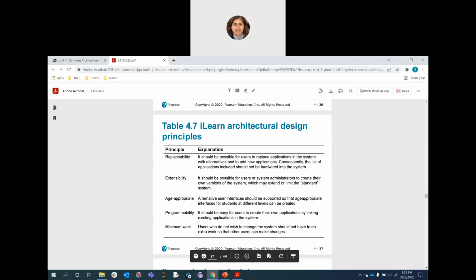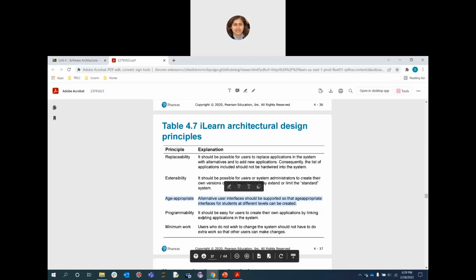And then, because the potential iLearn system users span various age ranges, starting with age 3 to 18, as per the iLearn explanation for the various case studies of Jack, Emma, and Elena's scenario, we needed to provide age appropriate user interfaces and to make it easy to choose an interface. So it relates to the age appropriate principle here.